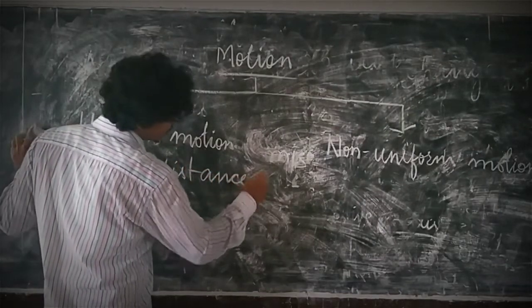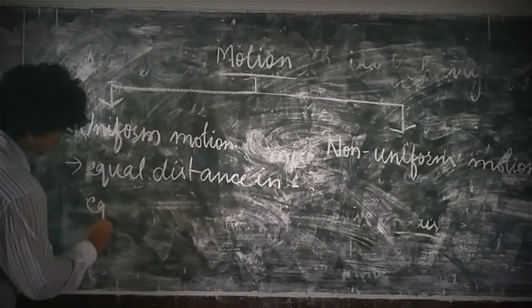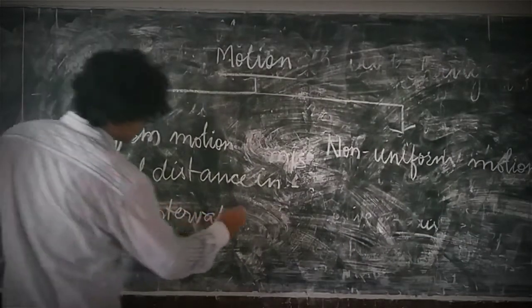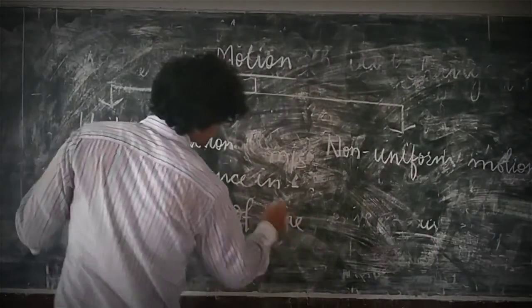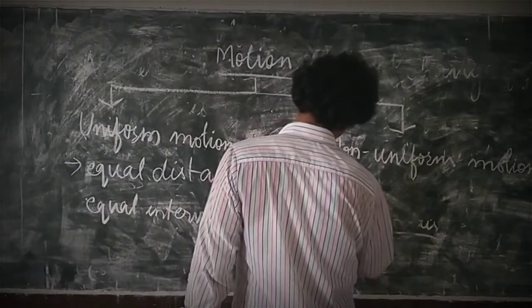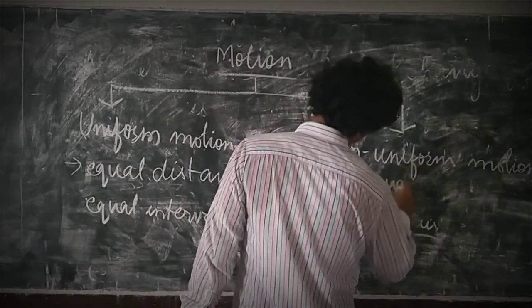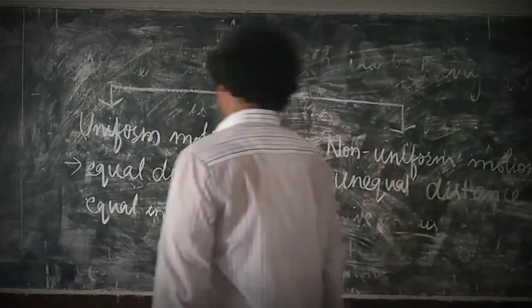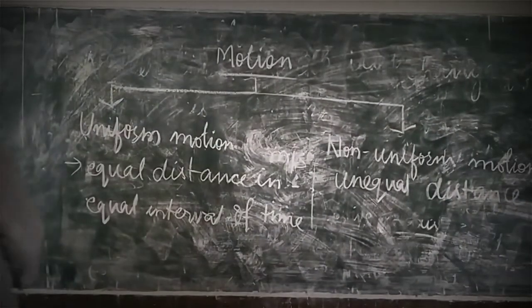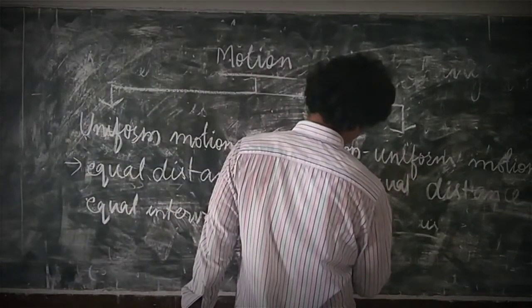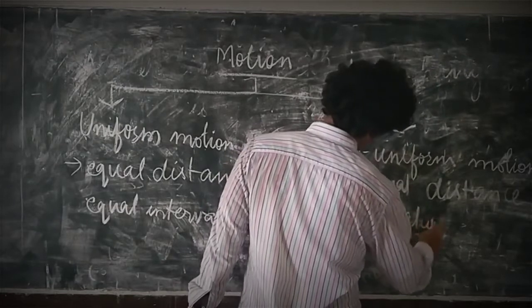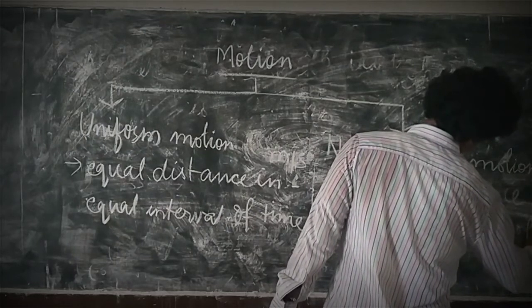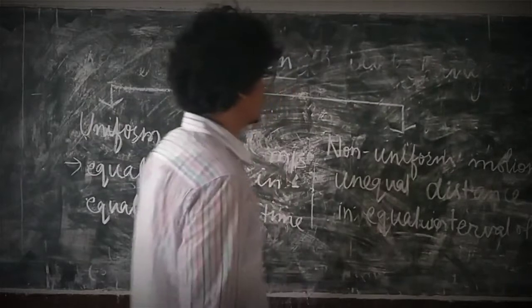And here, unequal distance in equal interval of time. That is non-uniform motion.